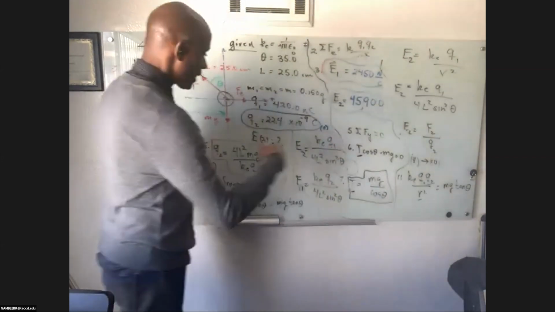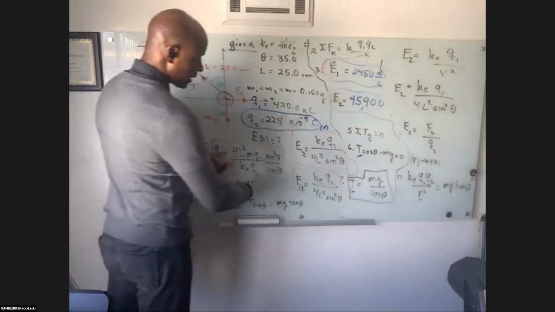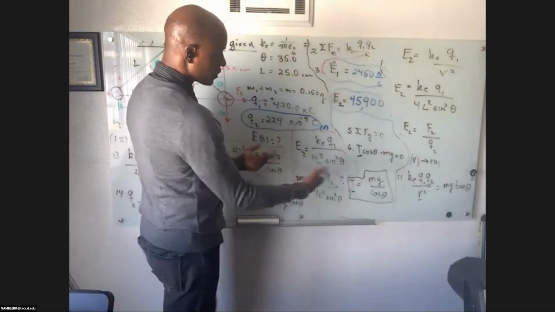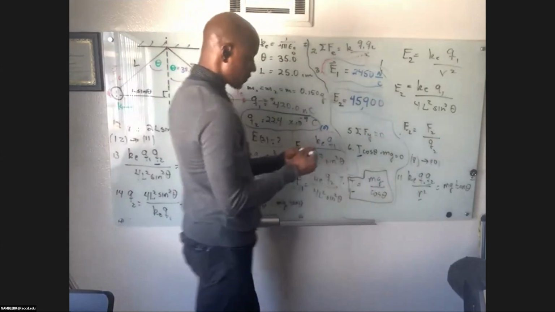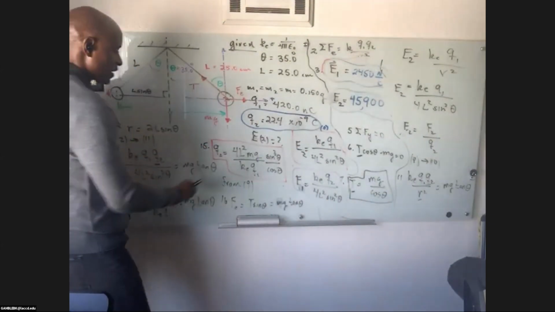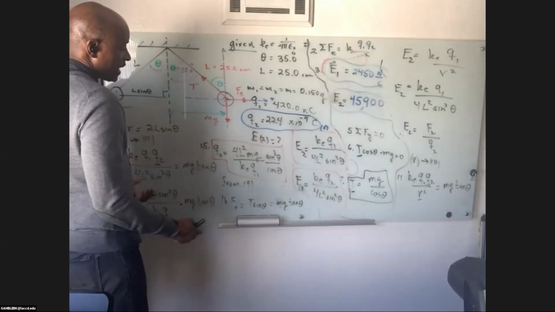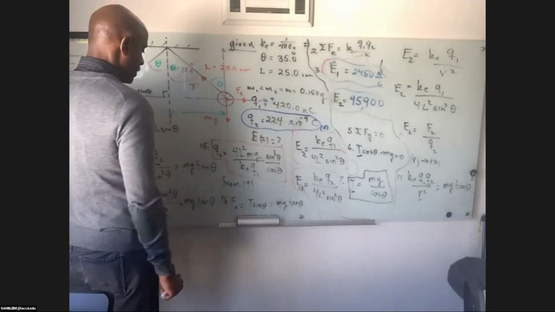When we put all that in, it came out to that formula. So you can see we're using different physics concepts. This way we use Newton's law and the definition of the electric field, mainly because we didn't know what Q2 was.